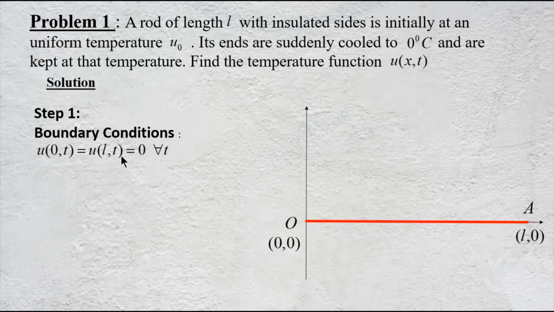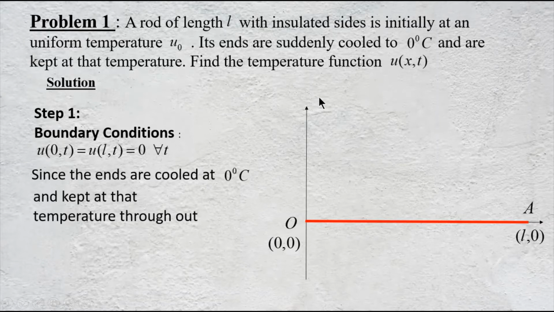U of L, t, that is when x is L, U is also 0. The boundary conditions are 0 because the ends of the rod are cooled at 0 degree Celsius and kept at that temperature throughout.